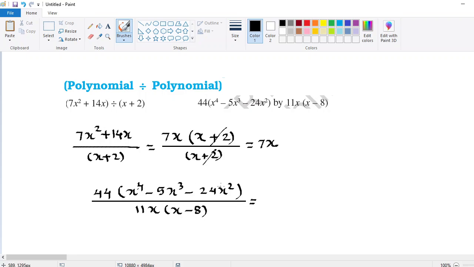Now each term has x and the lowest power is 2, so we can take x square common. Here we have x raised to 4 and we are taking x square outside the bracket, so we are left with x square. Then this is minus 5x minus 24.